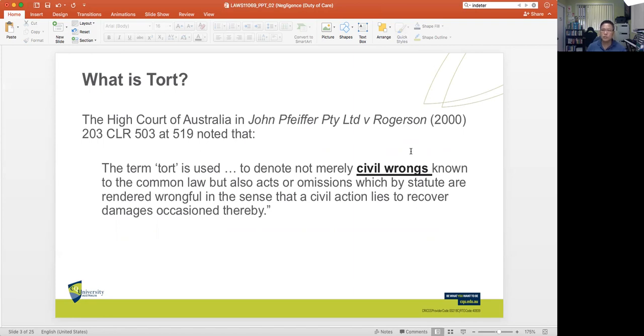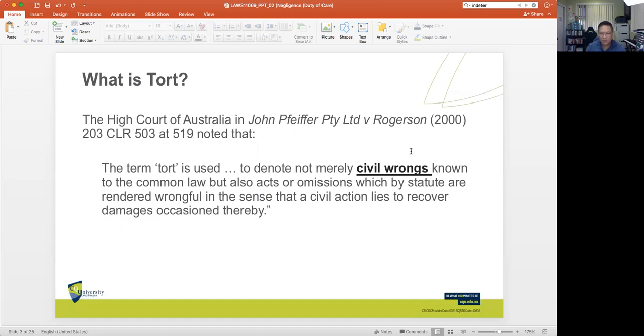Which is why this is considered a civil wrong and not a criminal wrong that can then be punished by our criminal law. So the actions or omissions which lead to damage or injury are considered civil wrongs and not criminal wrongs, which are then punishable by our criminal laws.